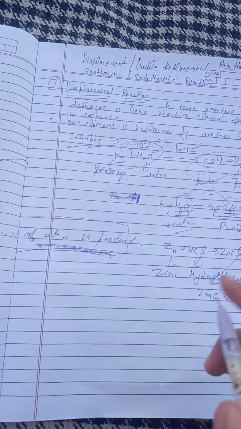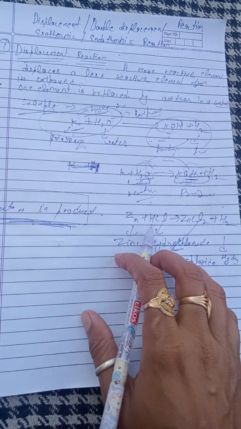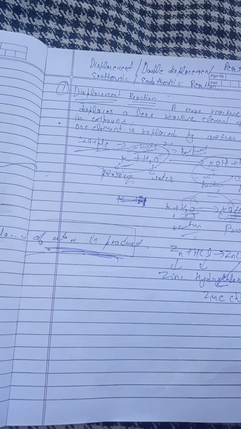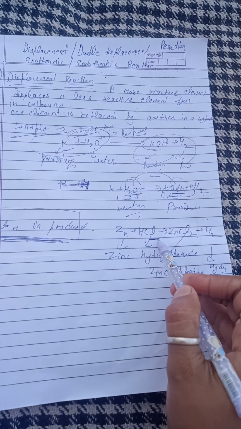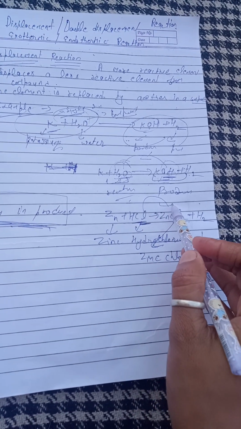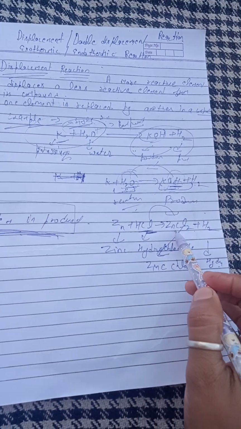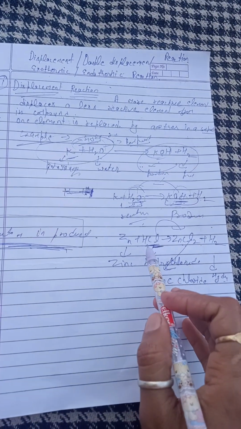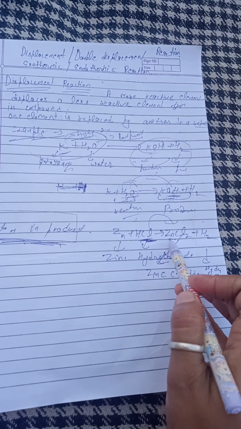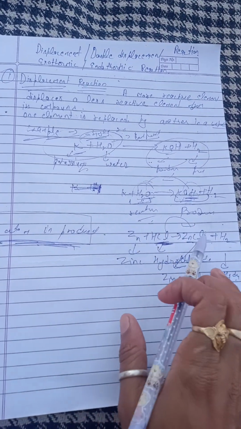It means we can say that when zinc combines with the HCl, then it gives the zinc chloride plus H2. It means in the HCl, the hydrogen is replaced with the zinc. It means we can say that when a more reactive element displaces a less reactive element, then it is called the displacement reaction.